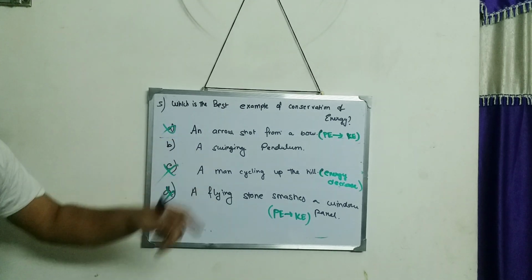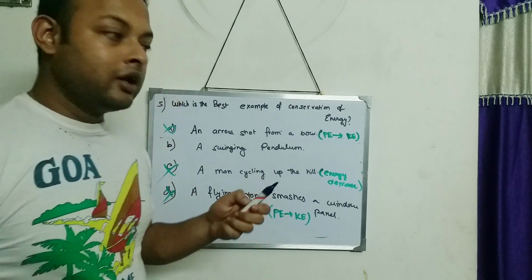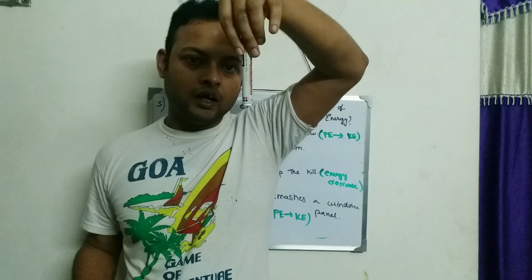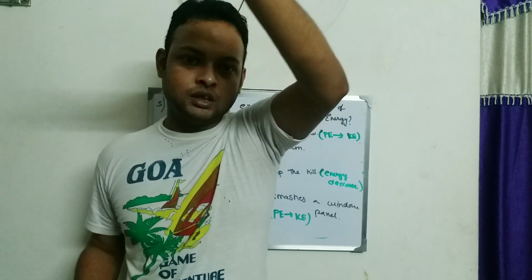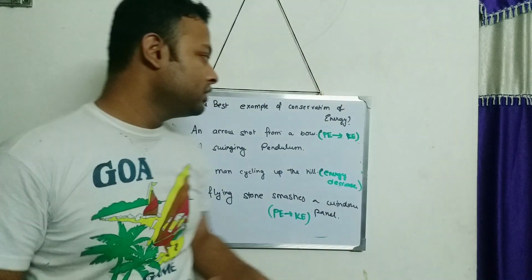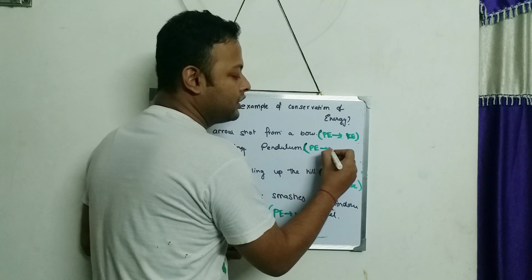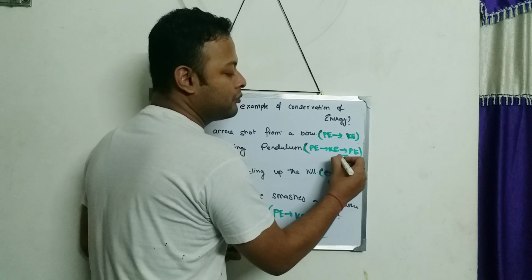But looking at option B, a swinging pendulum. Just now, before this lecture, you have studied it. In a swinging pendulum, what happens? Potential, kinetic, potential, again potential, kinetic, potential. So continuously potential energy to kinetic energy and kinetic to potential, and again coming back.